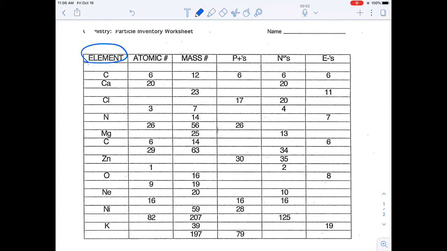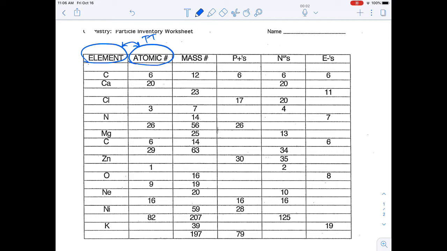Now that element is very specifically linked to the atomic number because the element is dictated by the amount of protons that it has, which is defined again as the atomic number. And you're going to need the periodic table to go between atomic number and element. So you're going to need a periodic table nearby to determine what's what.